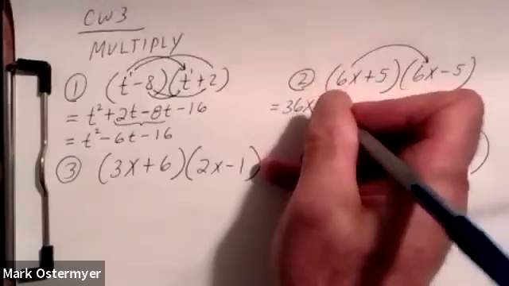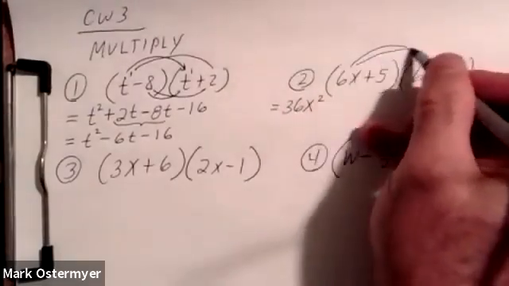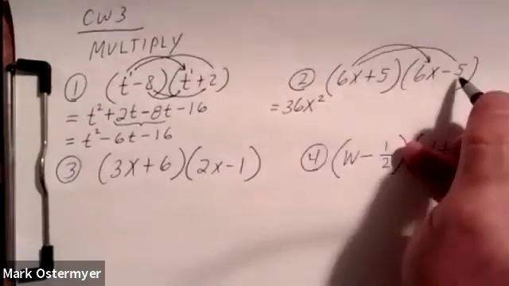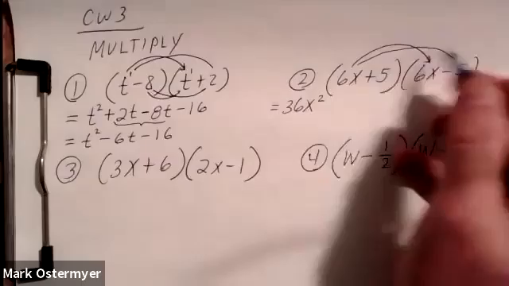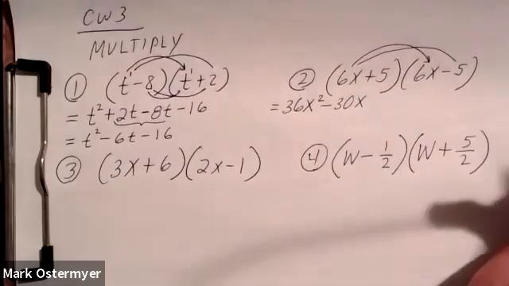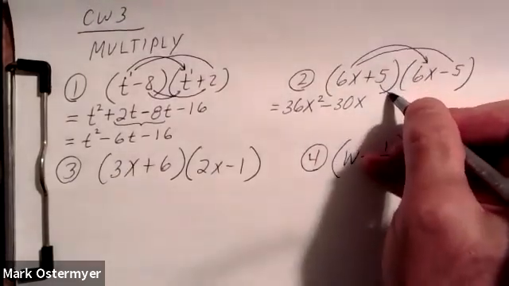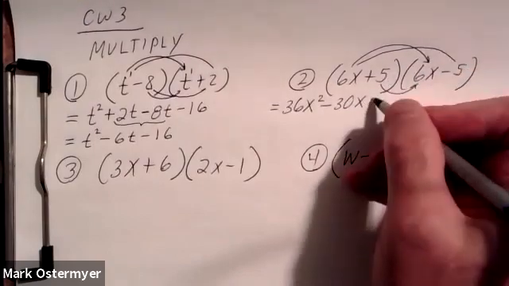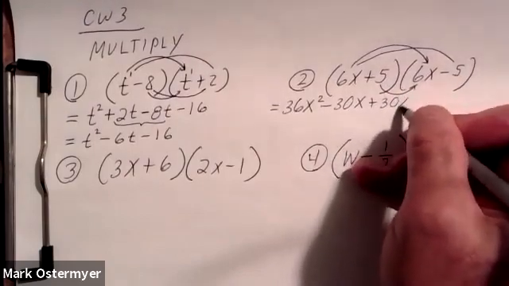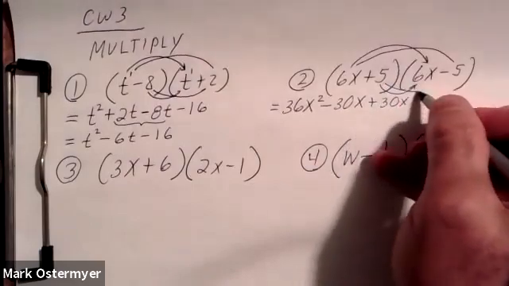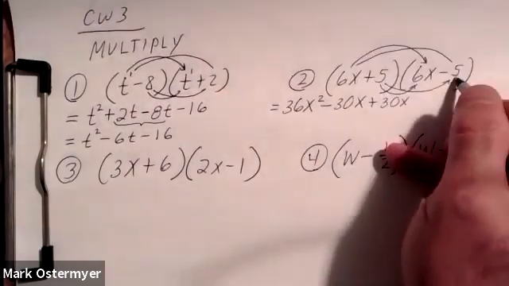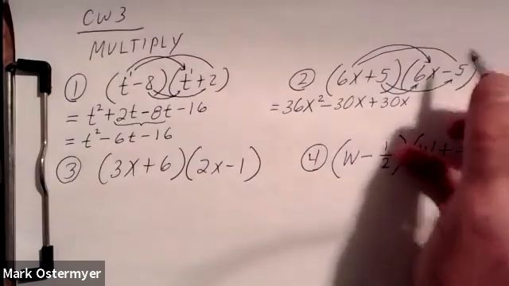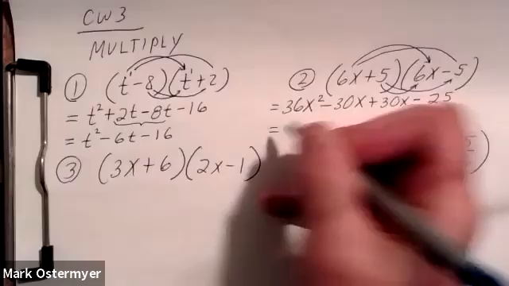Multiplying the outer terms together, 6x multiplied by -5 is minus 30x. Multiply the inner terms together, 5 times 6x is plus 30x. What's 5 multiplied by -5? Minus 25.